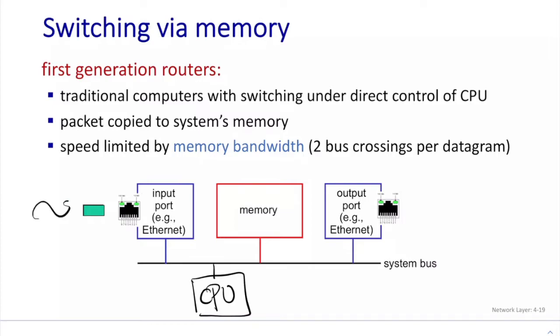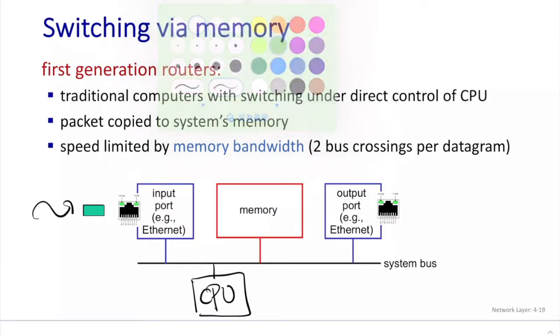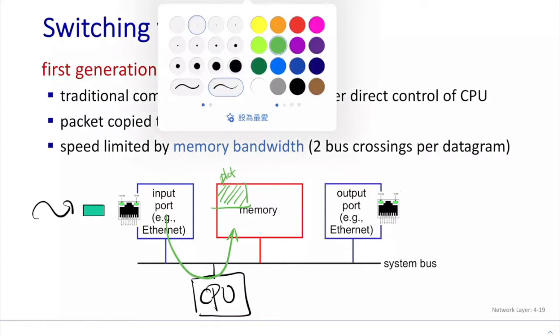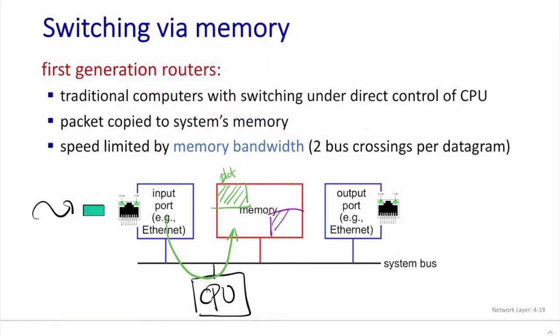When a packet comes in at the input port, the input port will send a signal to the CPU and say, I have a new incoming packet. So the CPU or some IC will copy the packet from the input port to memory. We have a forwarding table right here in the memory as well.